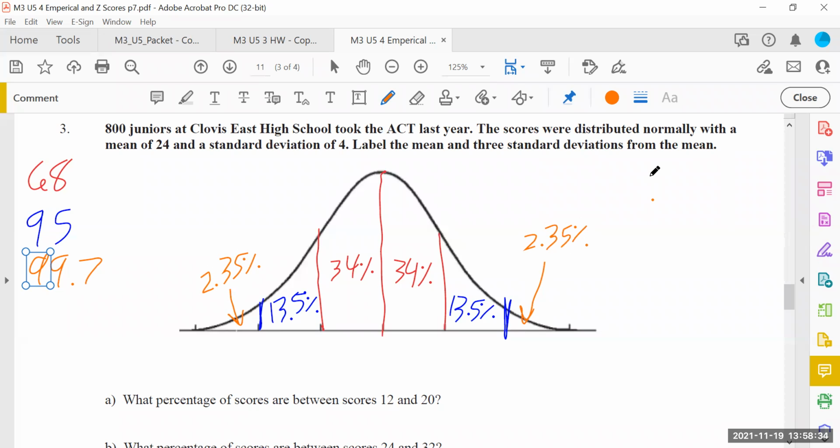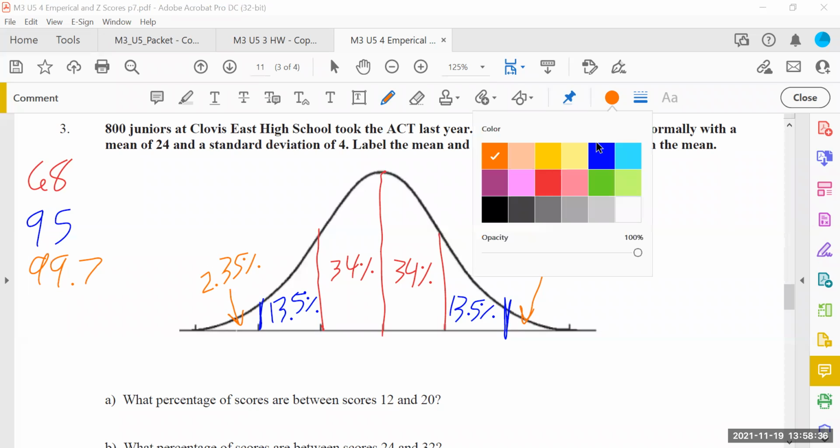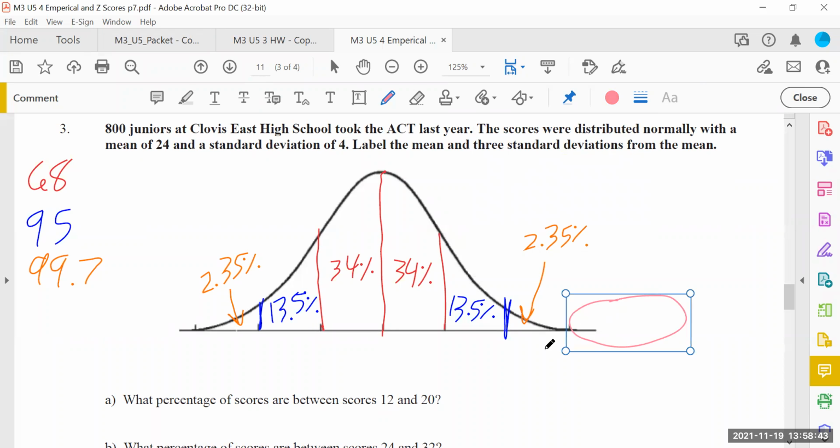And then the only pieces left over are those little wings on the end. Everything above is half of 0.3, right? That's all that's left over right now is 0.3%.